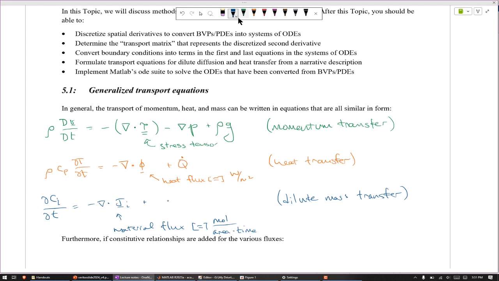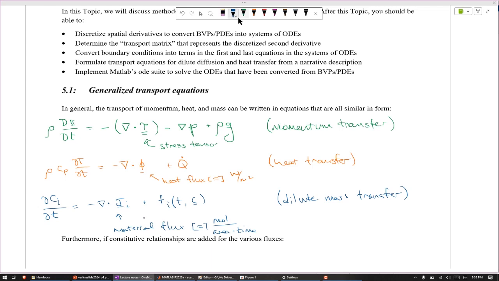And you have other terms that could appear in these equations like reaction terms. So that's like F for species I, which is a function of time and concentration. Sorry, that F is not a vector.